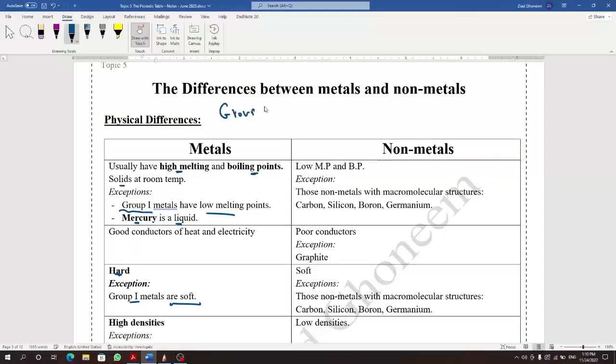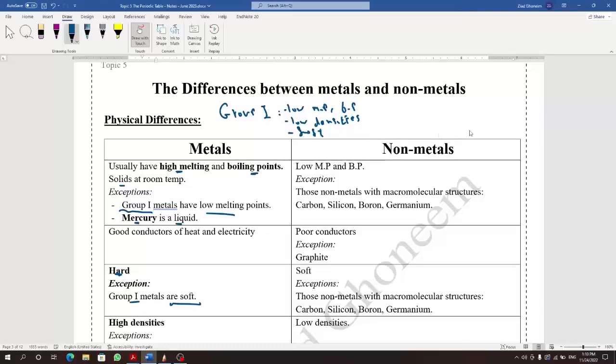So group 1 metals have low melting points and boiling points. That's the first point. They have low densities, and they are soft.